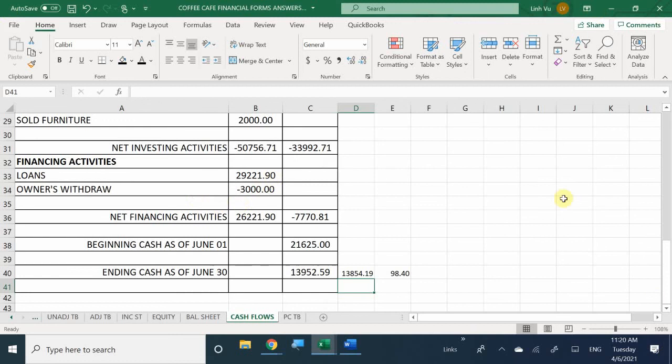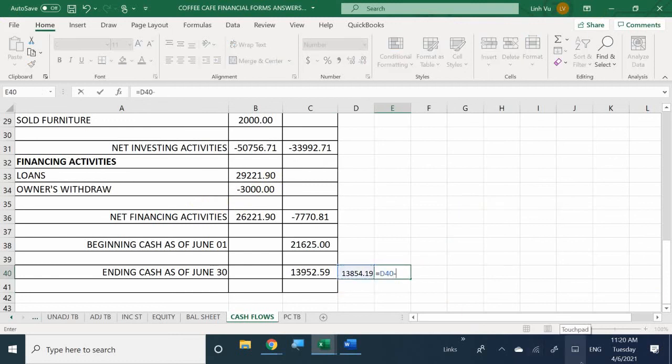And I'm going to see what the difference between this is. Okay, so we're off by $98, and I don't know where this $98 came from, but that's as close as I can get to completing the statement of cash flows. Okay, so this $98.40 could be somewhere lost in a transaction.